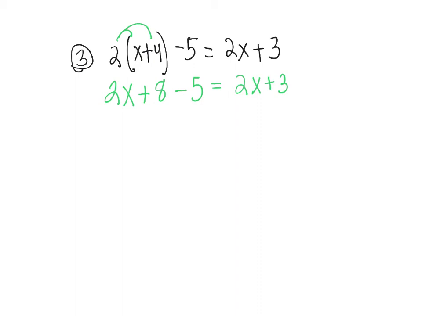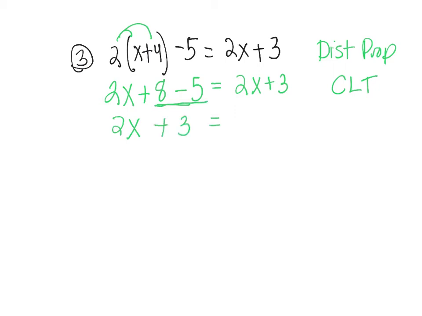But then what I do notice here is that after I did the distributive property in that first step, I can combine like terms here. And so I'm going to drop down the 2x, and then I'm going to have to combine a negative 8 and a positive 5. Now, at this point, you might notice something, or you might not. We're going to pretend that you don't, and we keep going on, because what we see right now is an equation with variables on both sides.